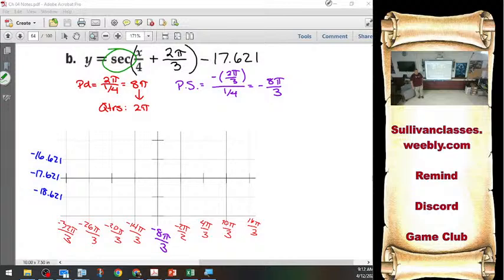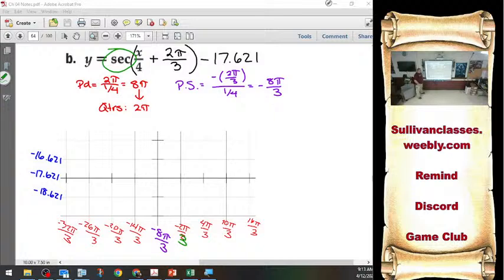Negative 2 pi over 3, yep. Got him. And y'all lucky that Callie's looking out for you too. She came in here yesterday and called it that I didn't actually write those other 2 points up there.